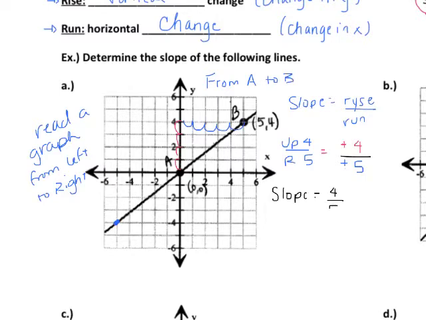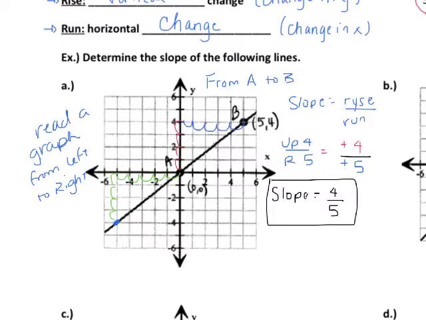So the steepness of this line is 4 over 5. That means every perfect intersection, or every intersection in between, is going to have a slope of 4 over 5. We can test it on this bottom one down here, the one that we marked. 1, 2, 3, 4, and then I'm checking it: 1, 2, 3, 4, 5. 4 over 5 again.